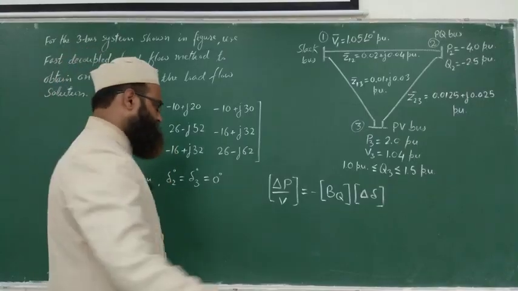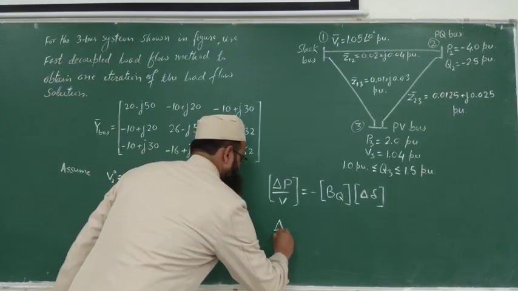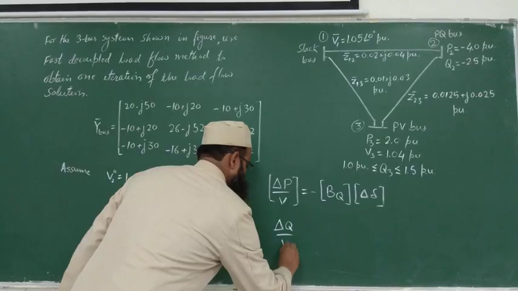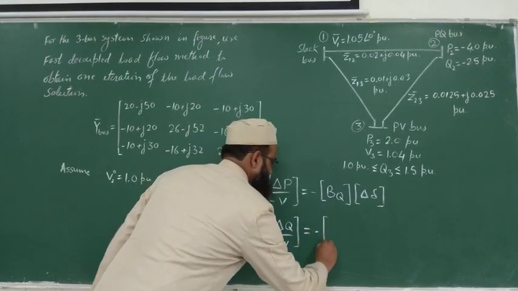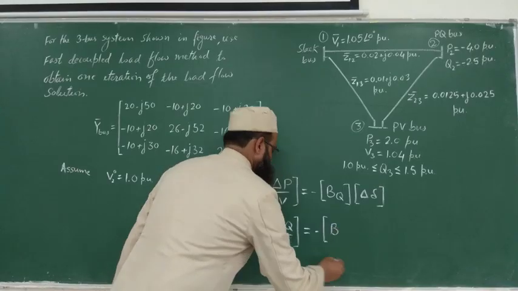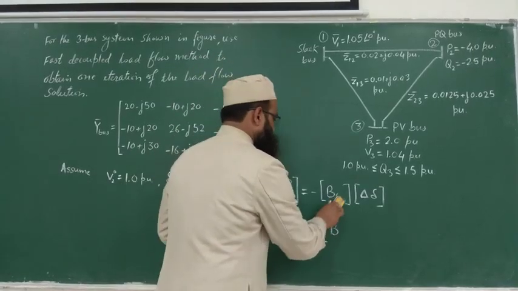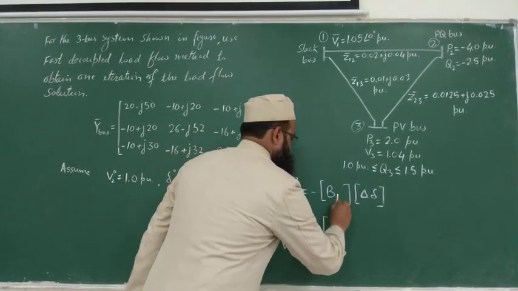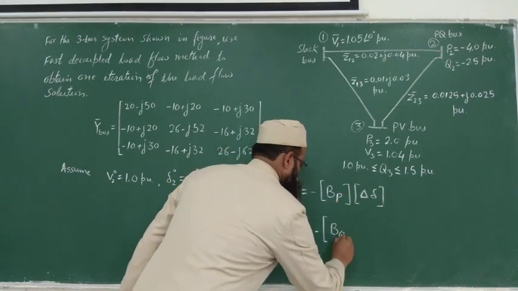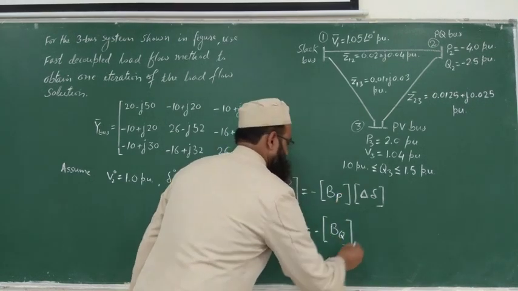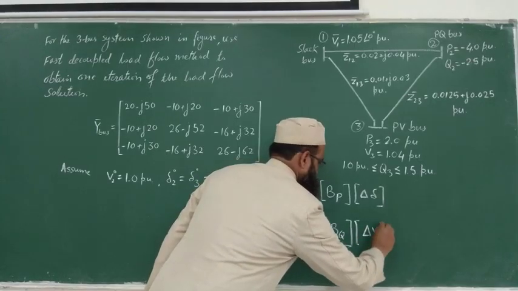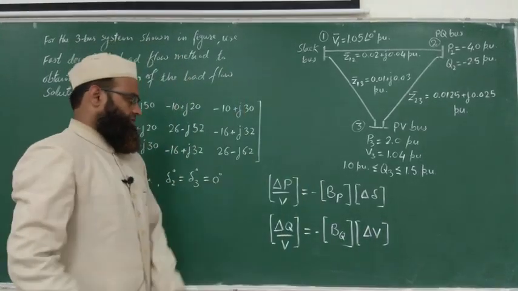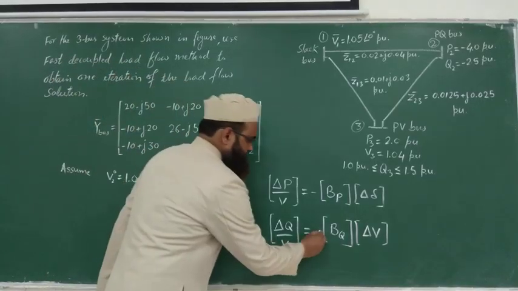And the another one is del Q upon V is equal to negative of B, this is BP, right? And this is BQ. Check your notebook, which we have already discussed during previous lectures, isn't it?